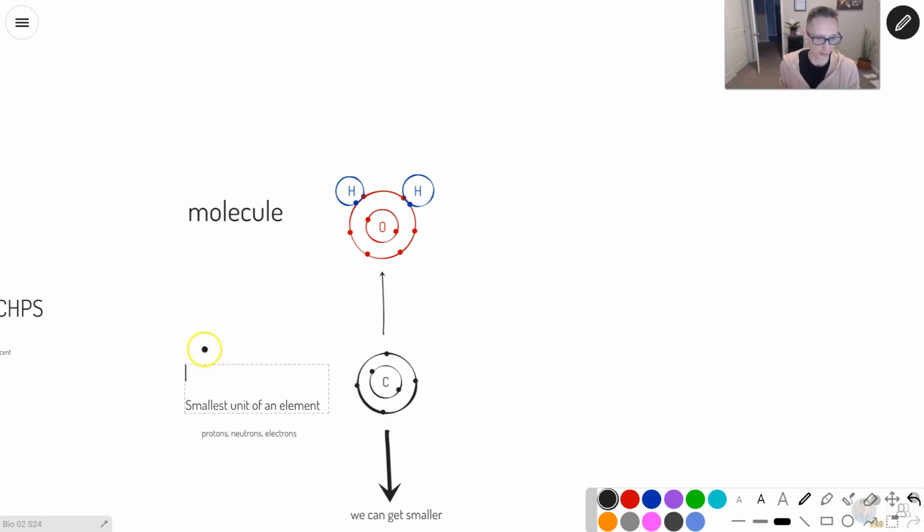So this is a molecule. Molecules are combinations of various elements bound together. So we got the atomic level, the molecular level. We got atoms. We got the molecule. Two or more atoms bound together.